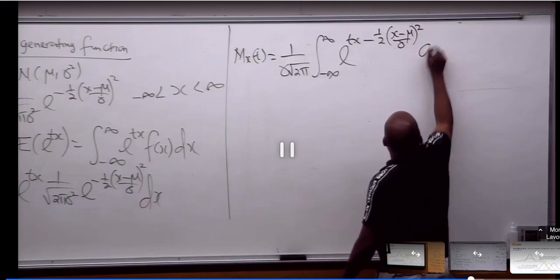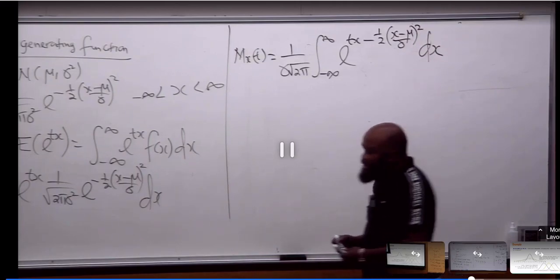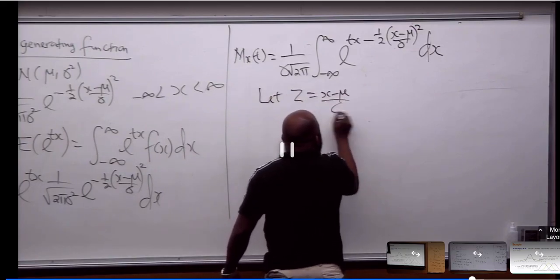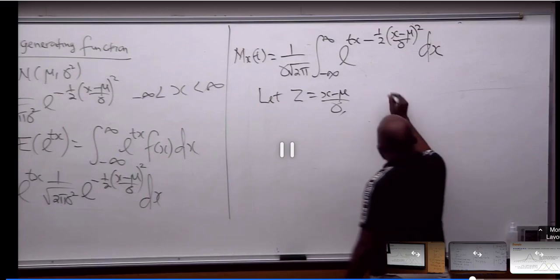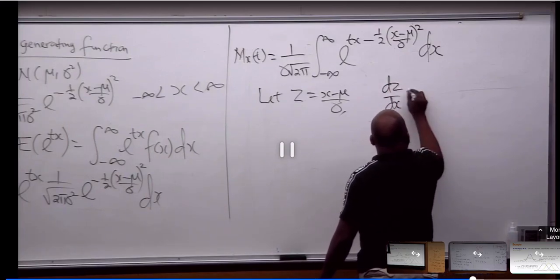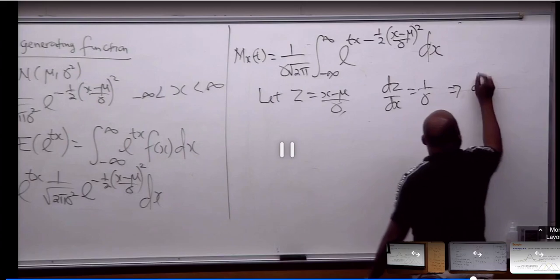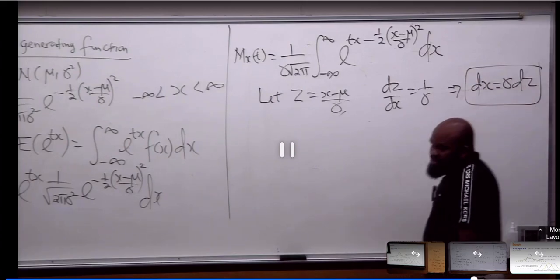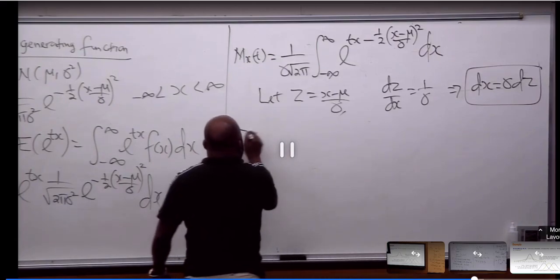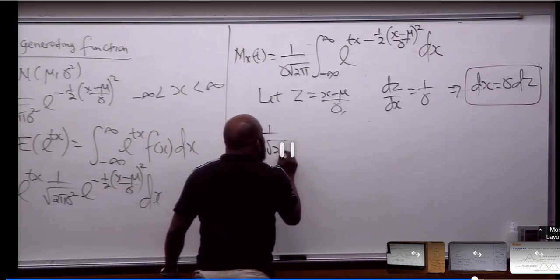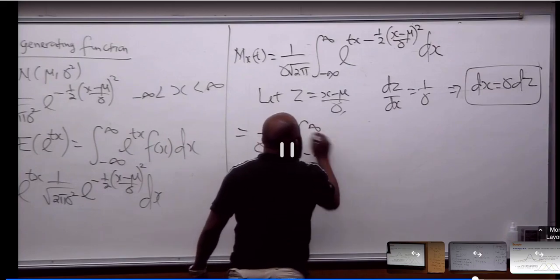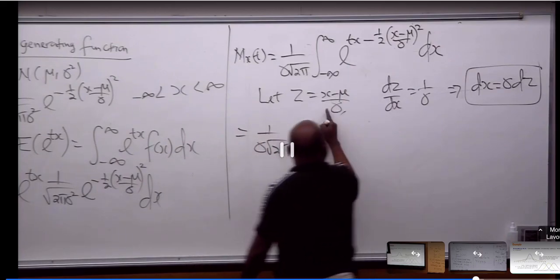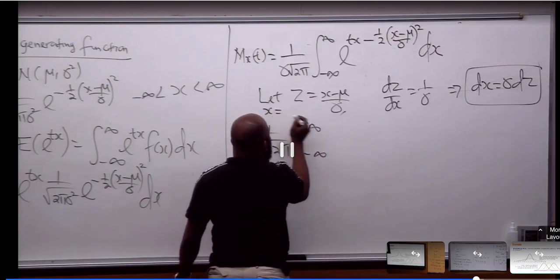Now I can let z represent x minus mu over sigma. So the dz is 1 over sigma dx, that implies dx equal to sigma dz. If that happens, then I'm going to have negative infinity to infinity, and this implies x equal to sigma z plus mu.